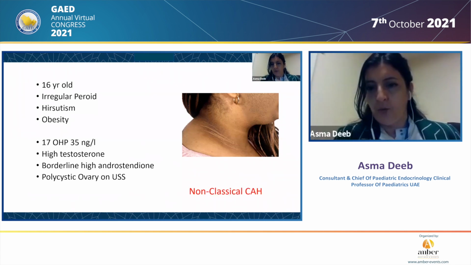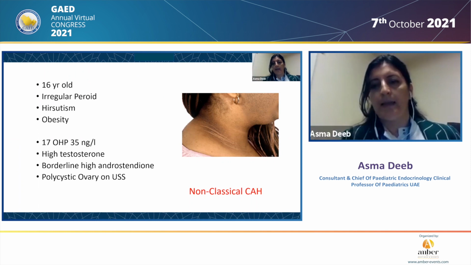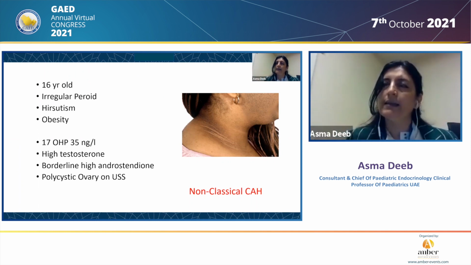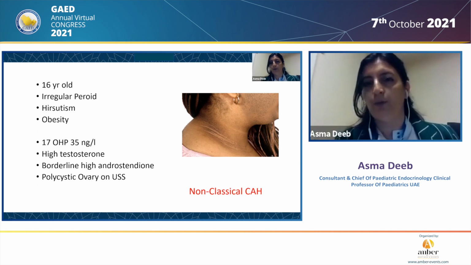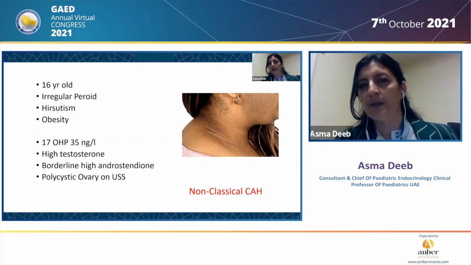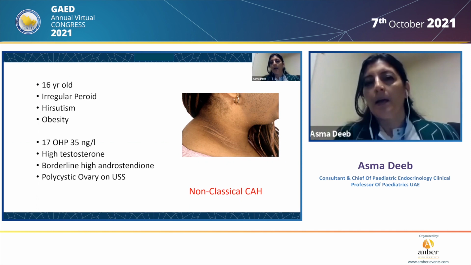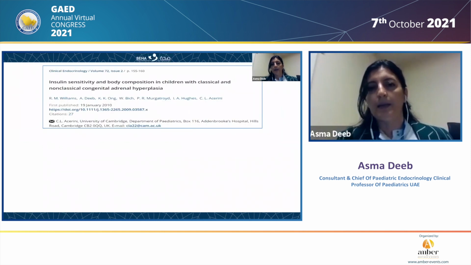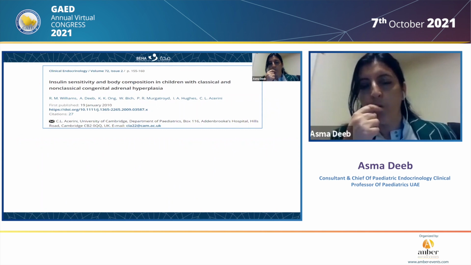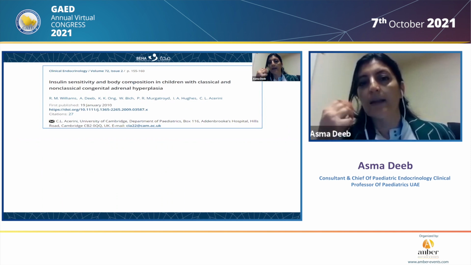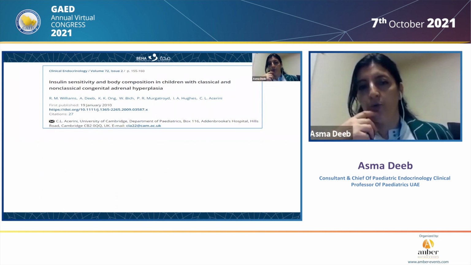exam. Now, this is a non-classical CAH, and while it can be considered as a mild form of CAH, it's quite an important disease because there's high likelihood of comorbidity on cardiovascular disease. This is a study that we have undertaken in Cambridge, again during my training, looking at insulin sensitivity and body composition in children with CAH.